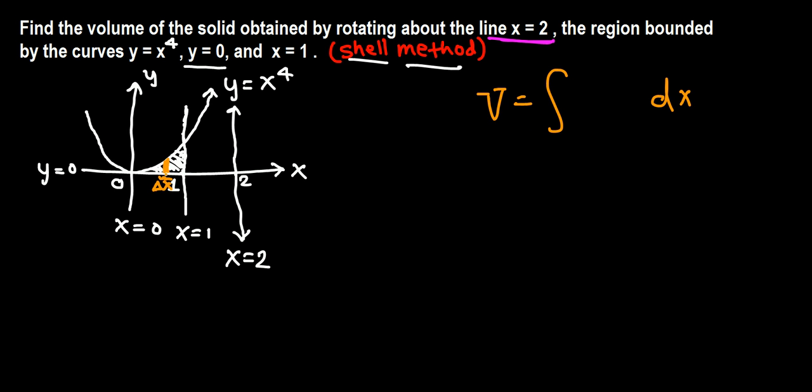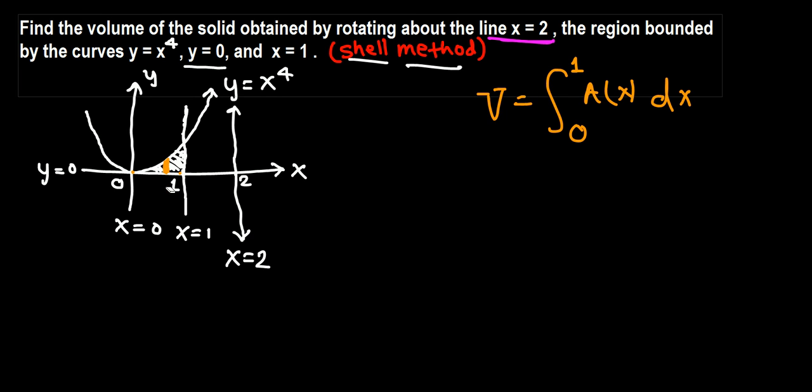Due to this small width, it will be in terms of dx, and this sample rectangle could be taken anywhere from 0 to 1. So from 0 to 1, we need to find the area of the cylindrical shell. Let me erase this part.